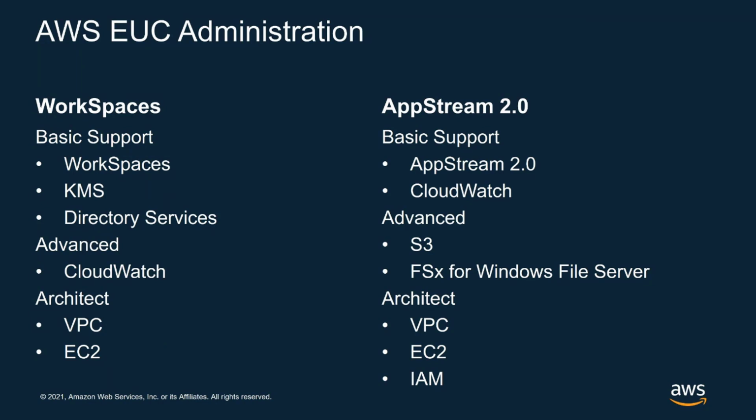Now, that doesn't mean that CloudWatch doesn't have a purpose in workspaces. As you'll see, there are a lot of metrics that are available for workspaces administrators to follow, like round trip time of the protocol. It's very important if the user has connected, if they fail their connections. But not every workspaces administrator is going to need that type of access.